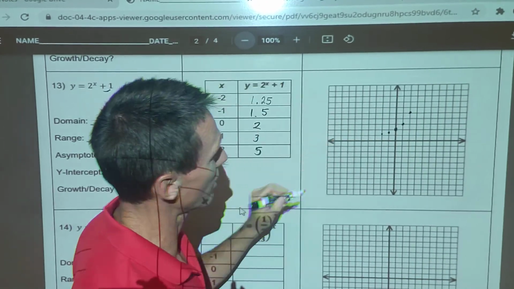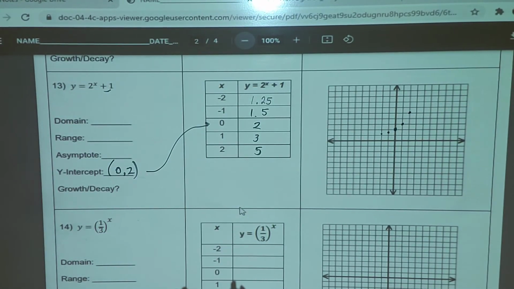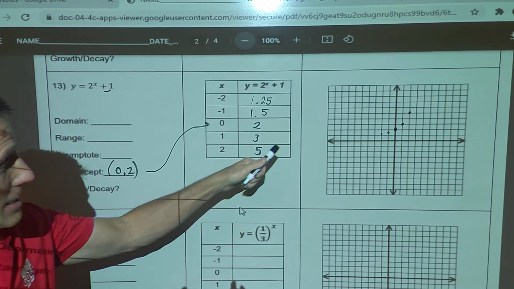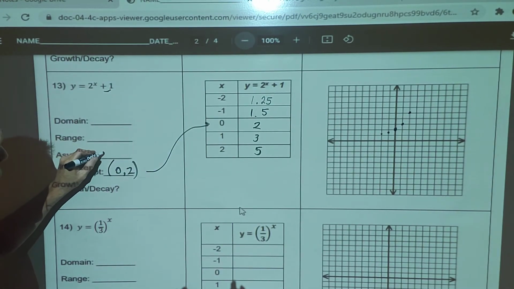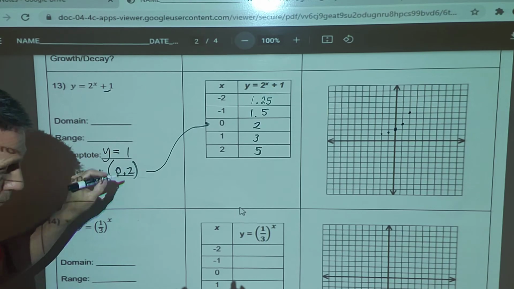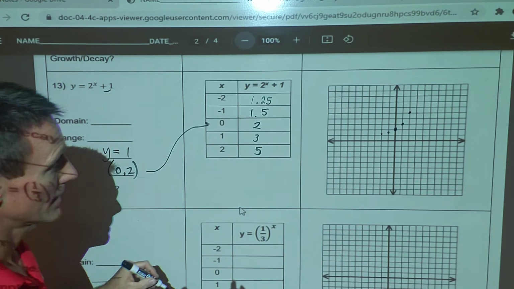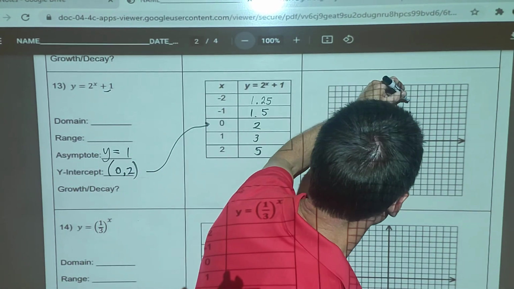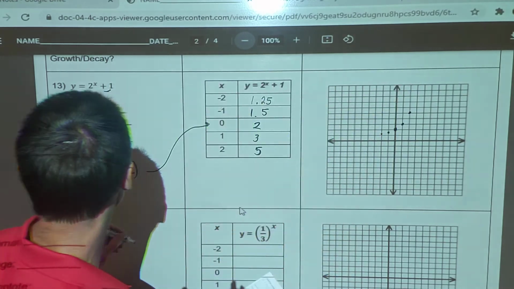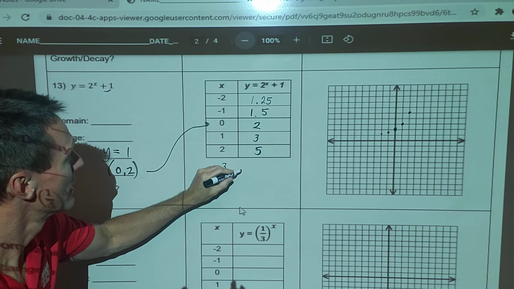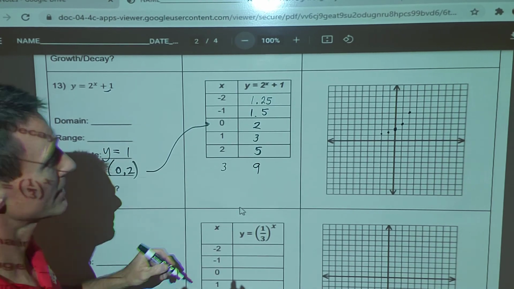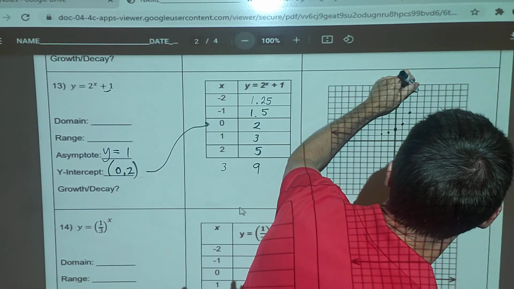This is not going to go below y = 1, which would actually be the horizontal asymptote. So the asymptote would be y = 1. And again, as you continue that graph, I think if we plugged in a 3 there, that would give us 9. So over 3, up 9.